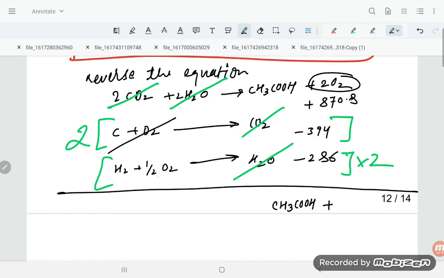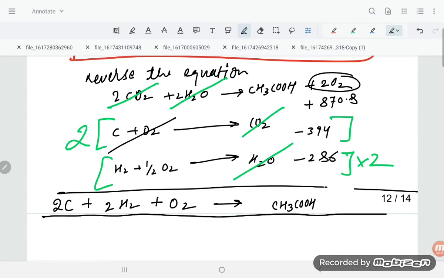So only O2 will be left, since half O2 multiplied by 2 gives O2. Here we get O2, 2H2, and 2 carbon. So now we got the required reaction.